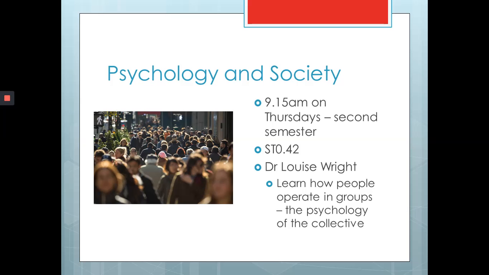Social psychology looks at people in groups, how we behave en masse, group dynamics, how we interact with other people. Things like prejudice and altruism and how we interact on a large scale, how we view other people en masse. So you'll explore those ideas.